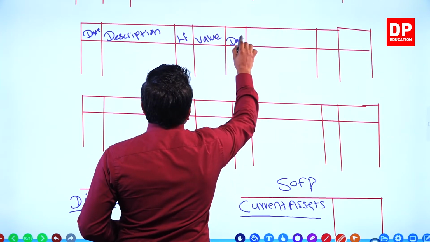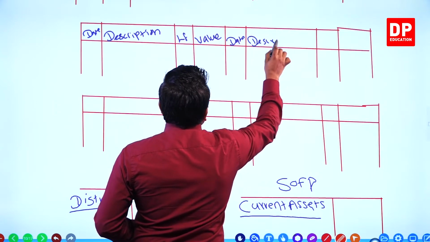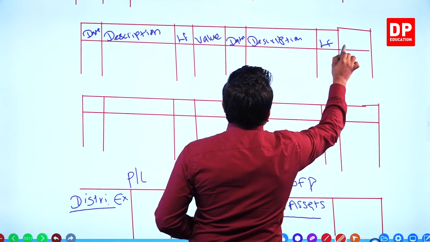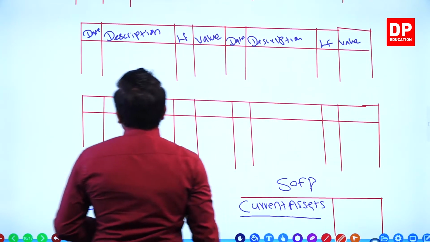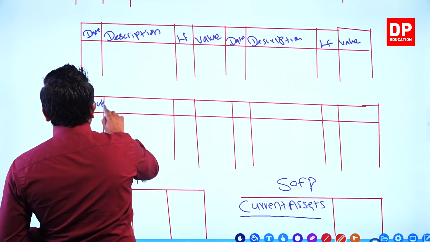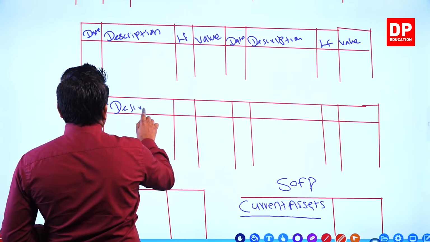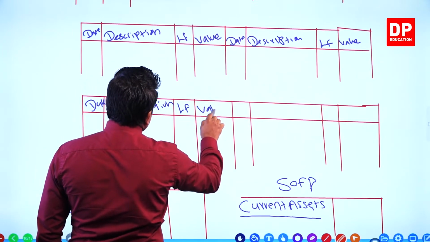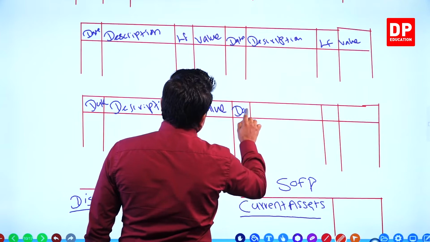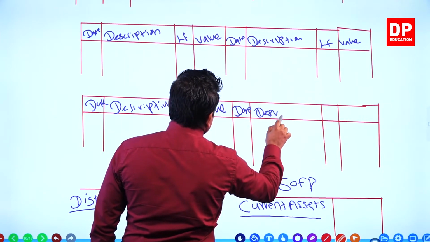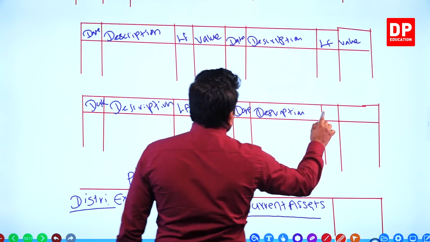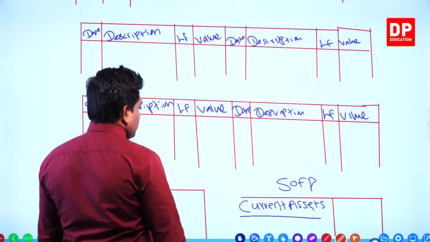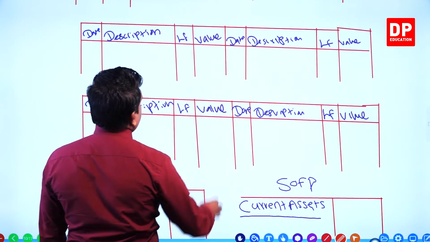What are the two accounts? One is debtor, the other one is bad debts.